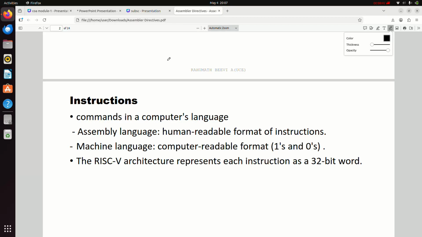Now the next thing that you have to understand, there are two kinds of languages. Assembly language and machine language. Now when I'm talking about assembly language, it is a human readable format. Okay, and machine language is a computer readable format, which is in the form of zeros and one.